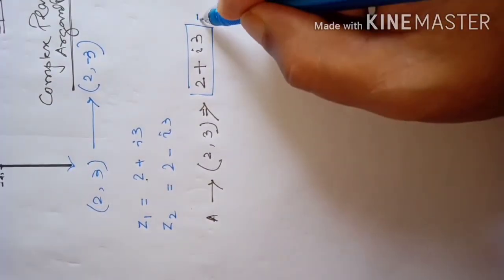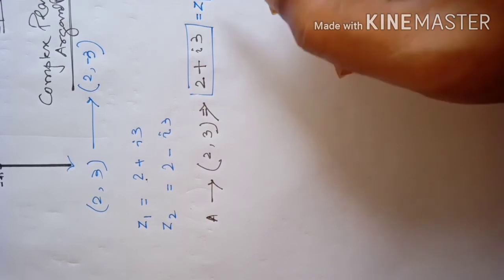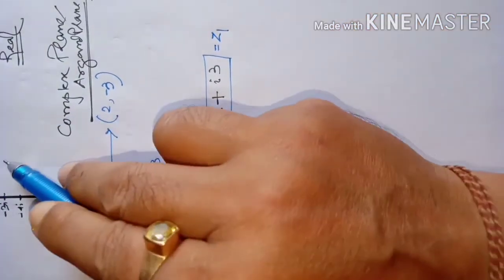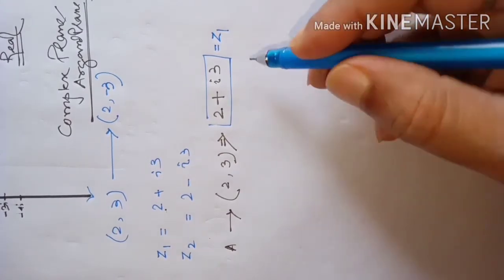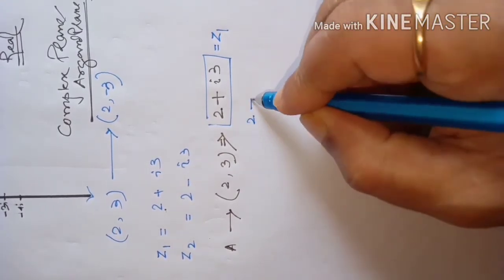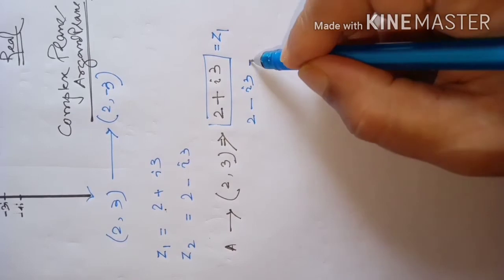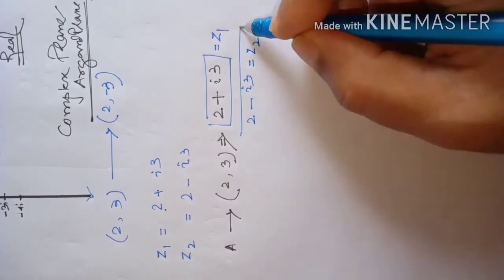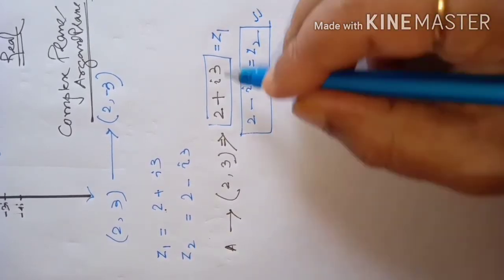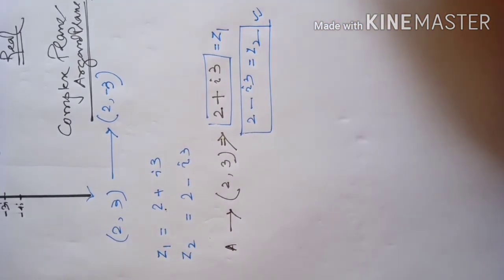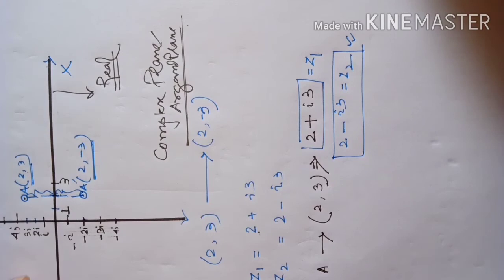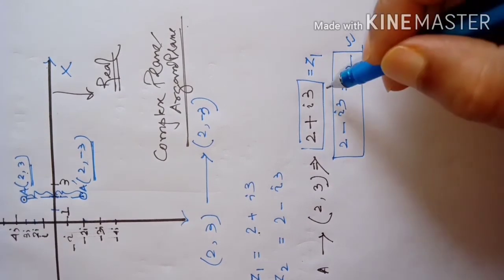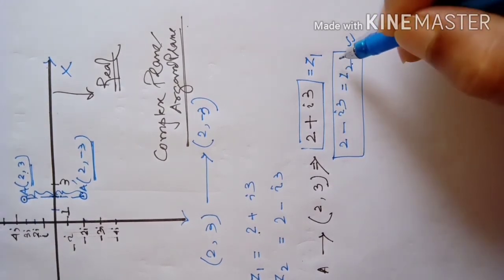So suppose this is complex number Z1. Then its image will be 2 minus iota 3. So that is complex number Z2. 2 minus iota 3 will be Z2. Since one is the image of the other, when the x-axis is the mirror line, then we say these two numbers are conjugate of each other.